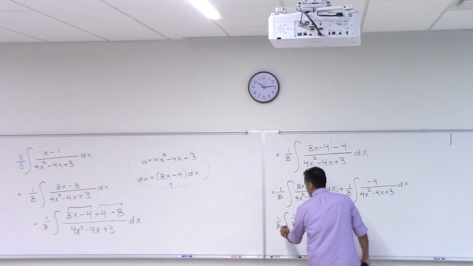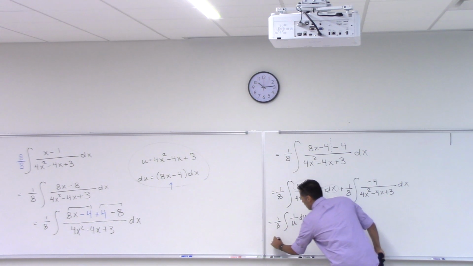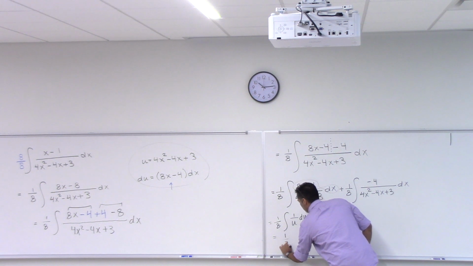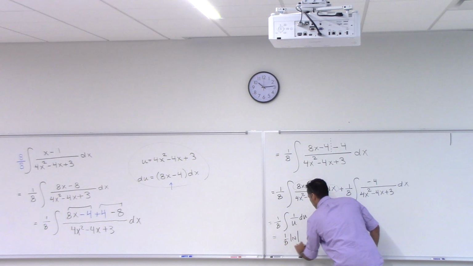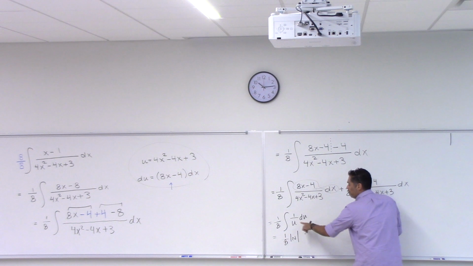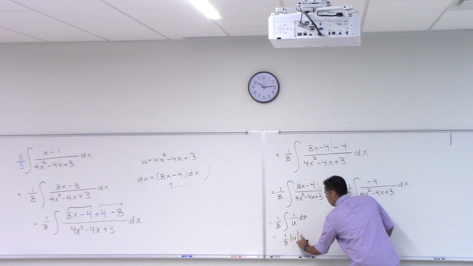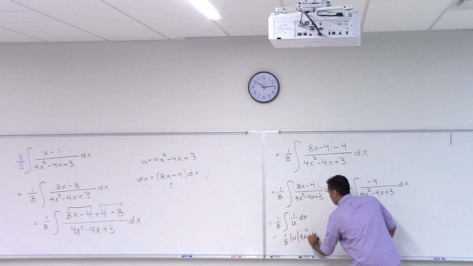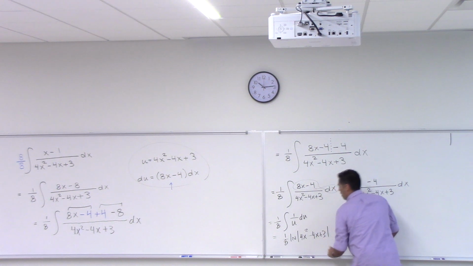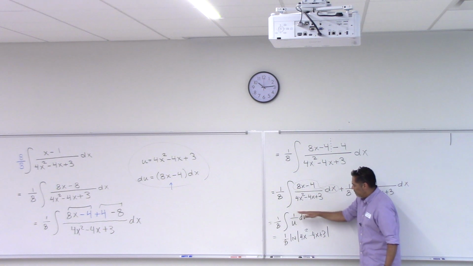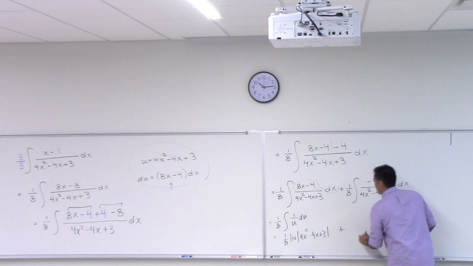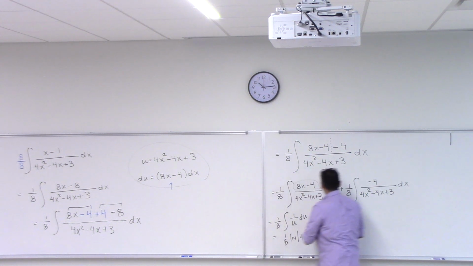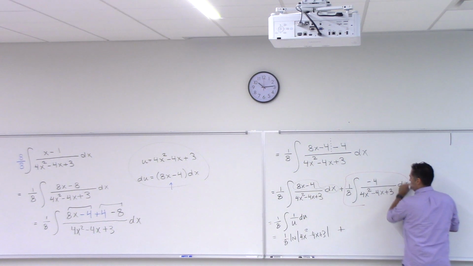Okay, so I'm going to come here. Let's finish this one off. This would be 1/8 natural log of what? U, but what's U? 4x squared minus 4x plus 3, right? So that becomes that. Now I still have plus this integral.